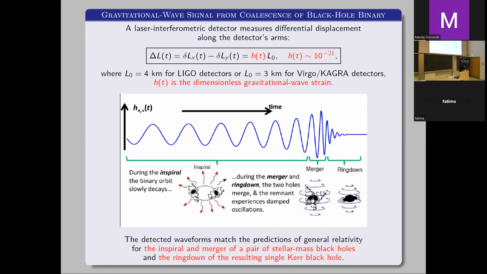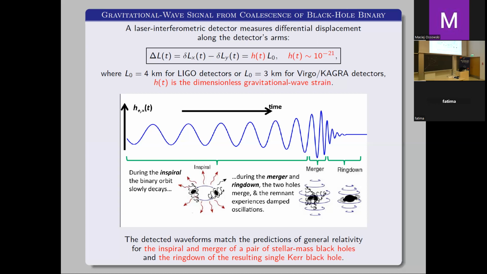So we are talking about the detection of gravitational waves coming from coalescence of 2 compact objects. What is measured is the dimensionless gravitational wave strain h of t, which is nothing but the ratio of the 2 things, namely the difference between the relative proper length changes of the interferometer arms.